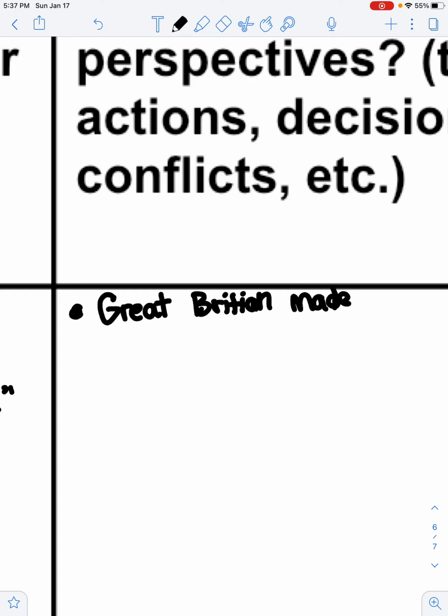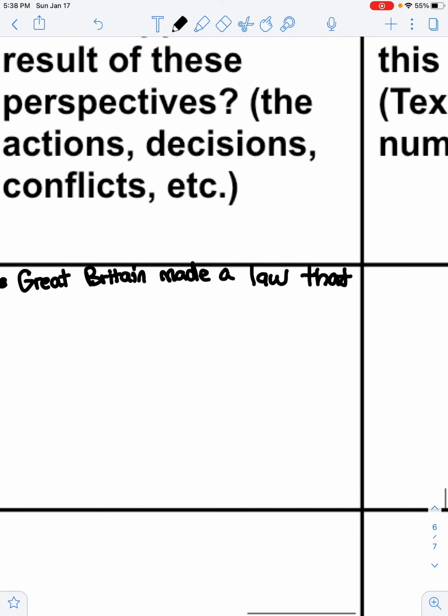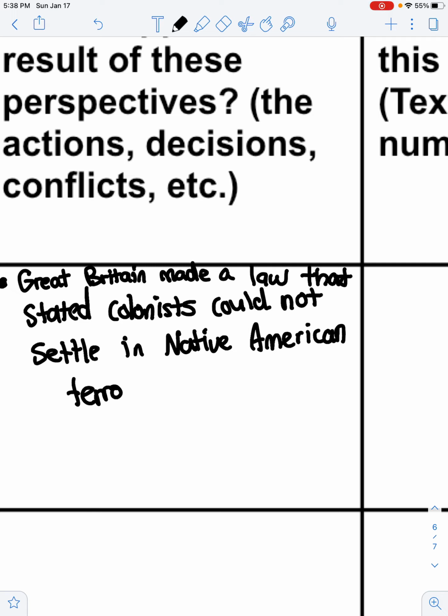Great Britain made a law that stated colonists could not settle in Native American territory. Okay, so that's what they did.